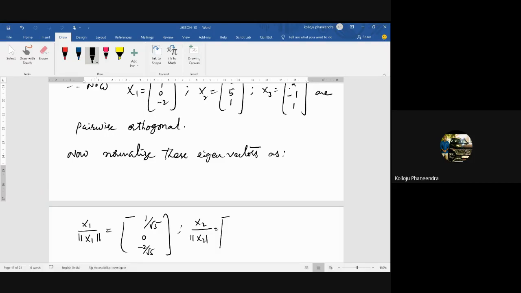This is (2, 5, 1): 2 squared, 5 squared, 1 squared, 4 plus 25 plus 1 is 30, root 30. So 2 by root 30, 5 by root 30, 1 by root 30. Next, x3 by norm x3: 4 plus 1 plus 1 is 6, so 2 by root 6, minus 1 by root 6, 1 by root 6, the sum of squares of all values.